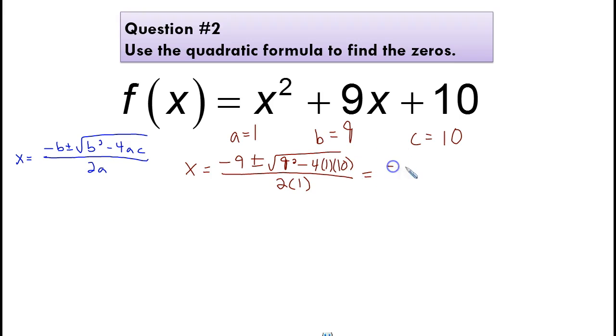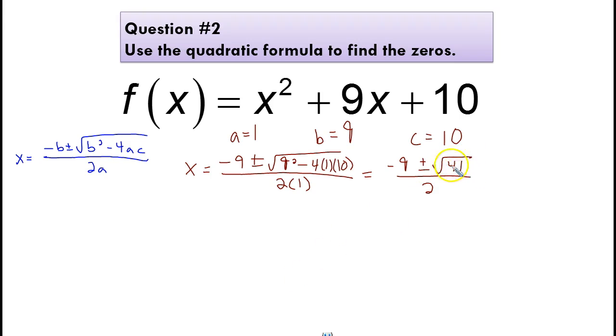So when I clean this up, I've got negative 9 at the beginning, I've got 2 on the bottom, and I want to find the discriminant. 9 squared, which is 81, minus 4 times 1 times 10. And when you do all of that together, you get 41.